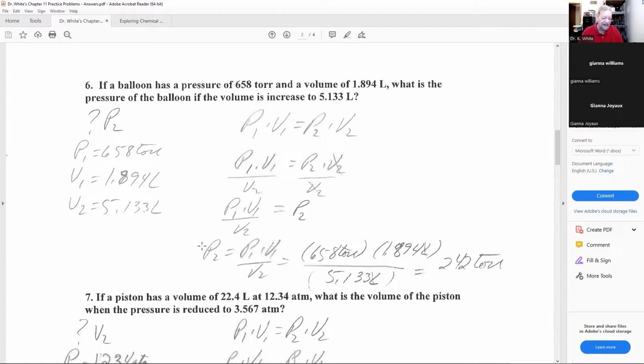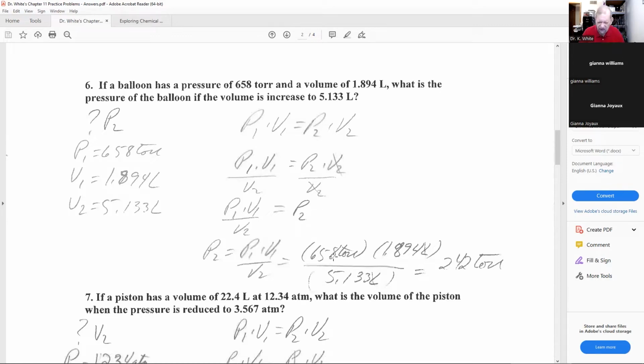Now over here, I like to rewrite it. I think I've mentioned it once, twice, or 1,000 times. Good habits I don't change. So I'm just rewriting it. P2 equals P1 times V1 divided by V2. Now, we took the time to figure out what was P1, the initial pressure, V1, the initial volume, and V2, the final volume. So we can put that in.